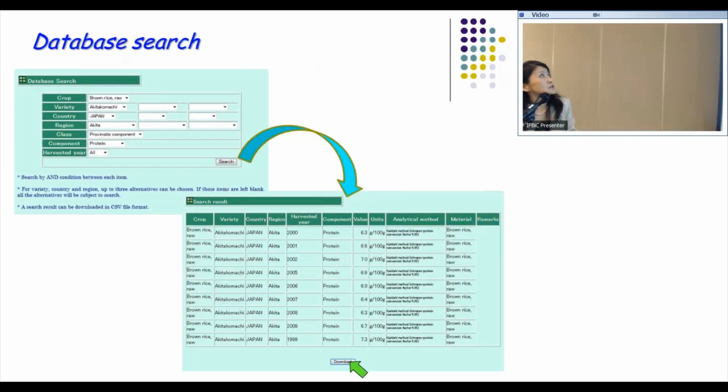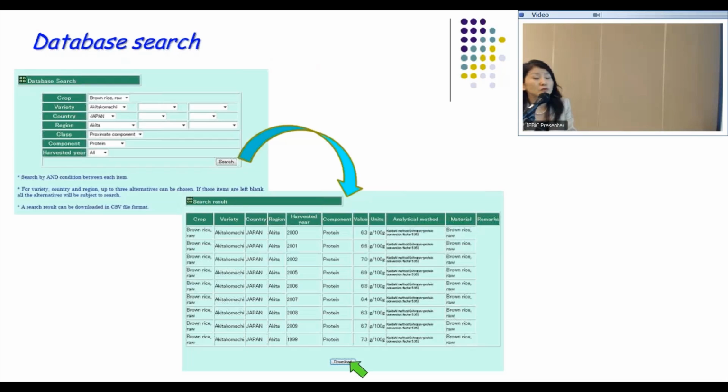This is a search page, and the user can just select items of interest from the pull-down menus, and by clicking search, the search result can be obtained.